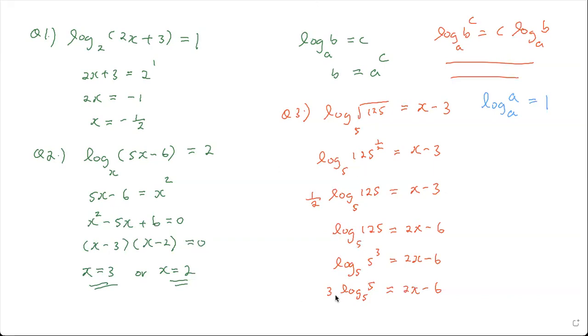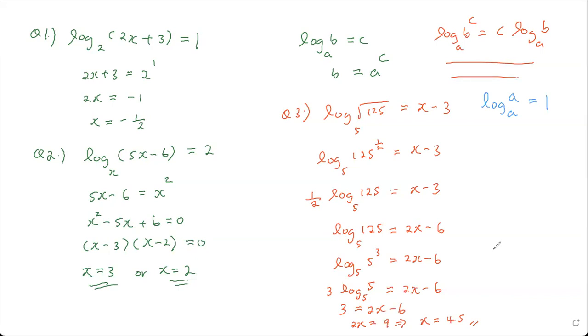This simplifies to just 3 times 1, which is 3, equals 2x minus 6. So 2x is equal to 9, and x is equal to 9 over 2, which is 4.5. All right, so that's our answer for question 3.